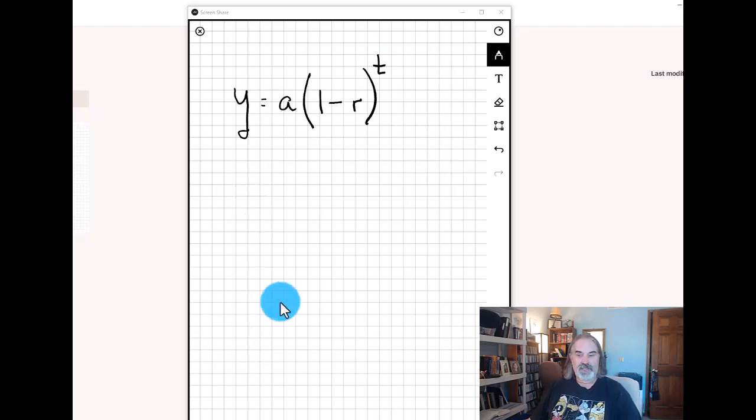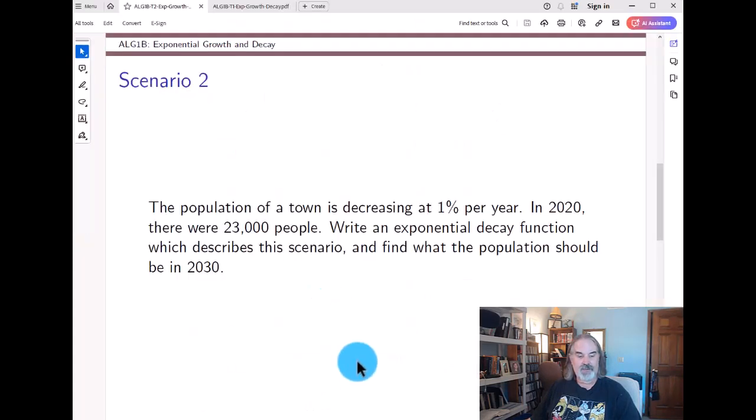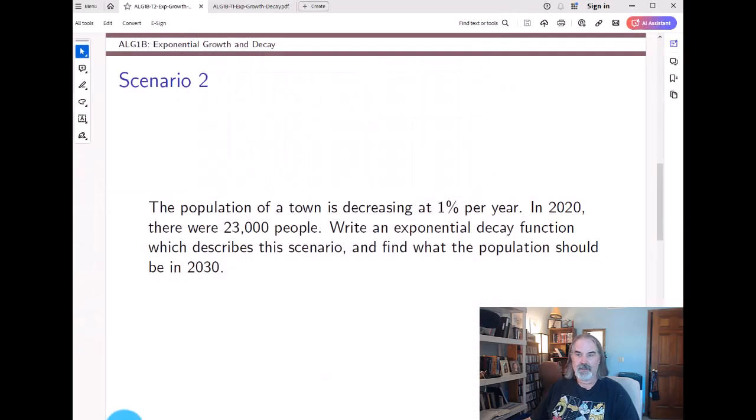So in this scenario, the original population was 2,300. The rate, I'm writing this down, I'll show you in a second, is 1% per year. That is 0.01 in decimal form. And the T we want to be a number that represents the year 2030, as compared to 2020.